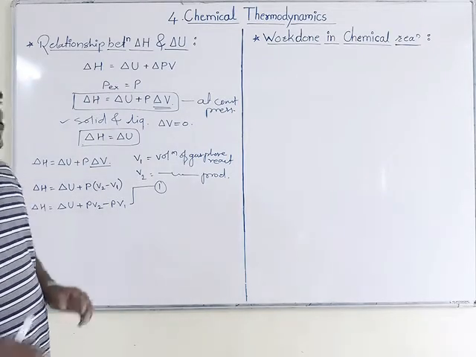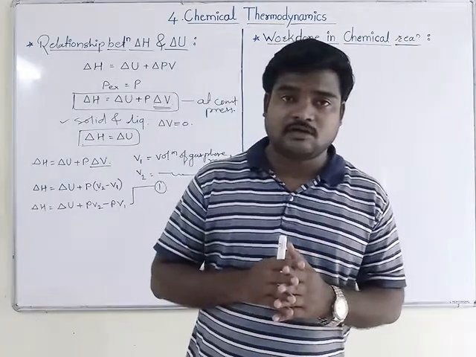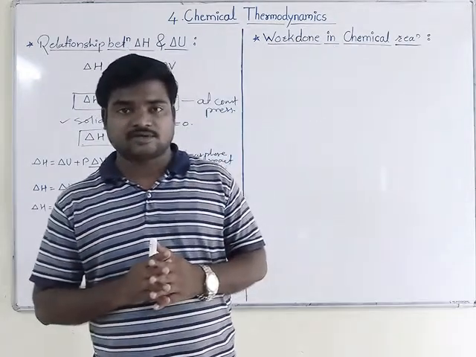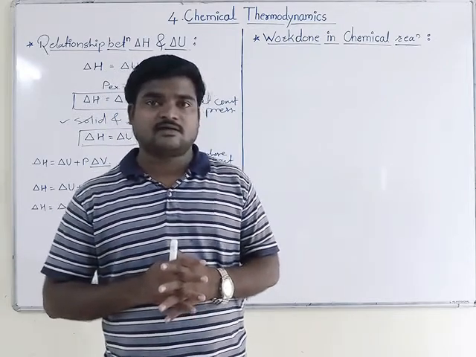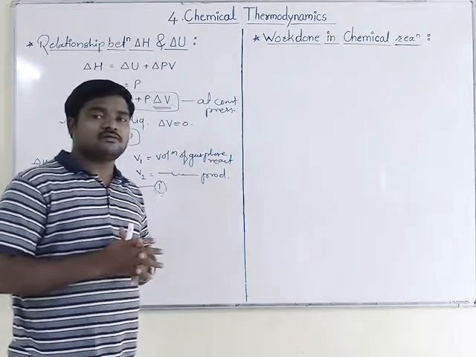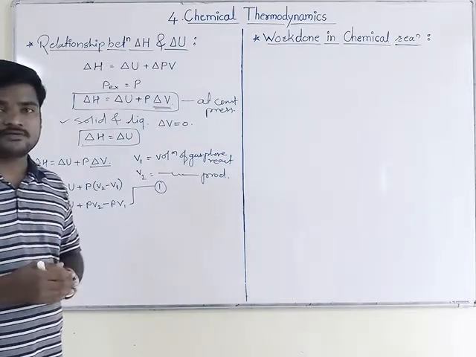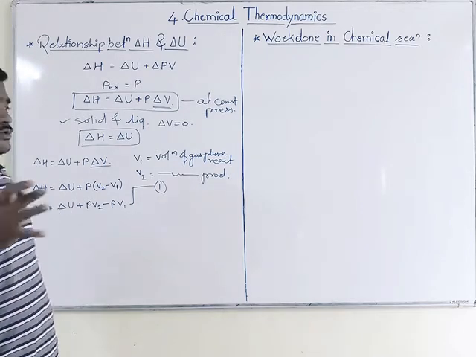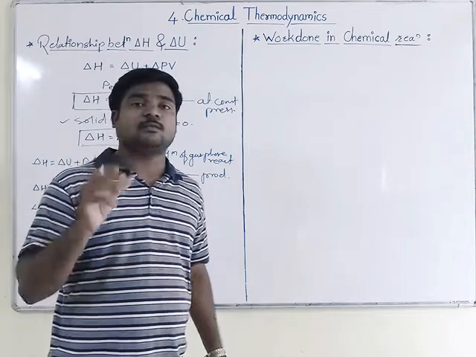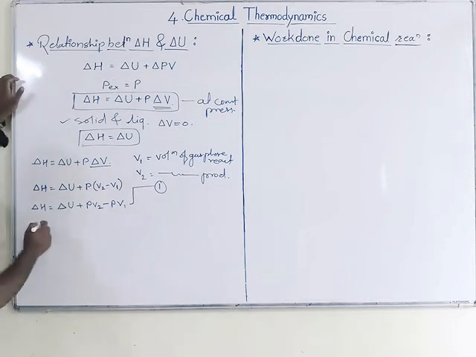Now we will apply the ideal gas equation for n number of moles of gas. All of you are already familiar with the ideal gas equation, that is PV is equal to nRT. In this case, we get two variable terms, volume as well as number of moles. So we will get two equations for the ideal case.